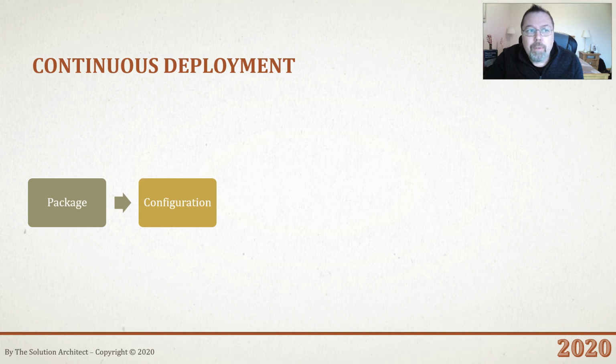Part of the continuous deployment process is configuration. What is configuration? Configuration is setting some settings maybe on a server, or installing a package that you need on your server, or doing some security settings or changes that you need for your deployment to work successfully. For configuration, there are several tools and several processes you can follow. I'll go into that detail.